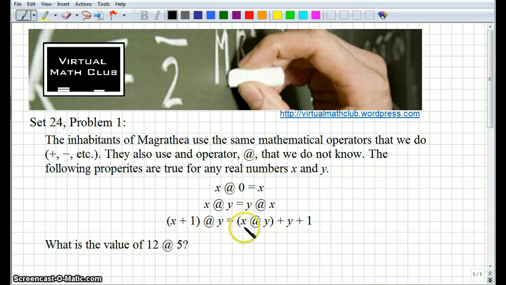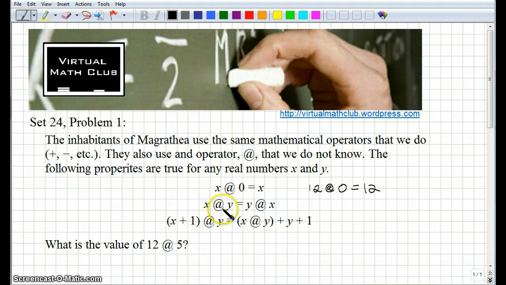Okay, and then we're also given this thing that says that x plus 1 at y is equal to x at y plus 1. Okay, and then we're asked, what is 12 at 5? Well, let's see what we can do here. We're working with the numbers 12 and 5, so I'm going to start by saying, well, I know 12 at 0 would be equal to 12, right?